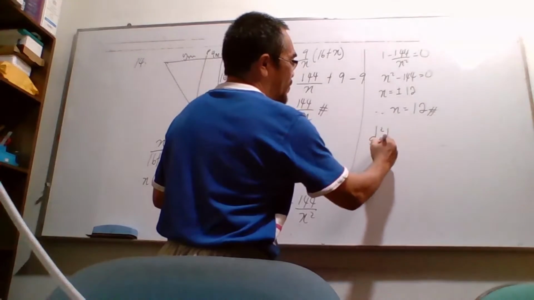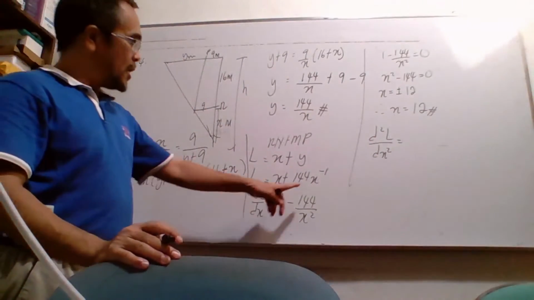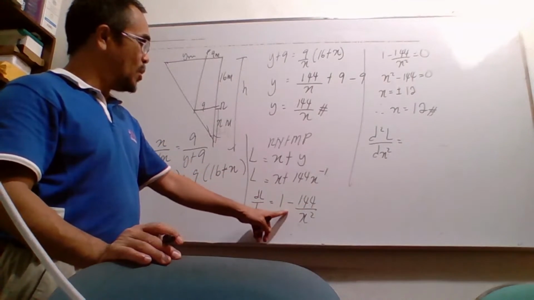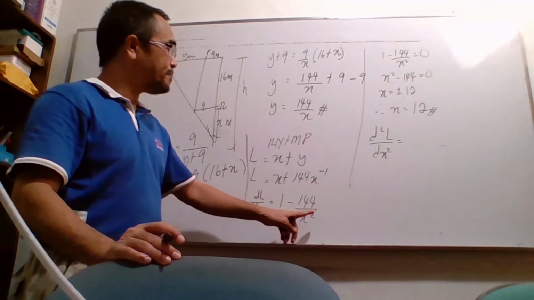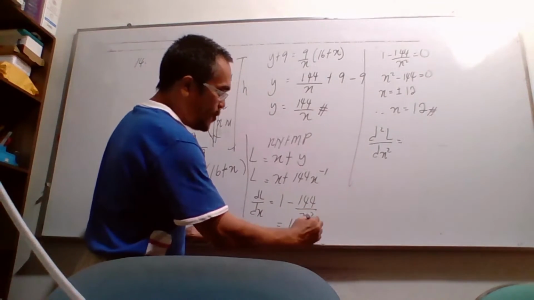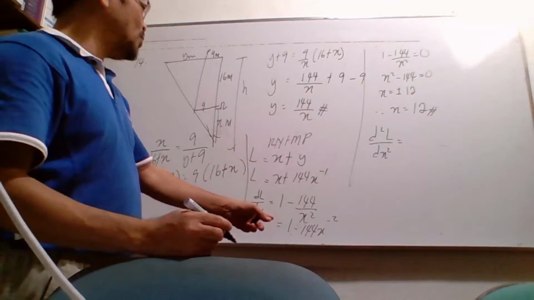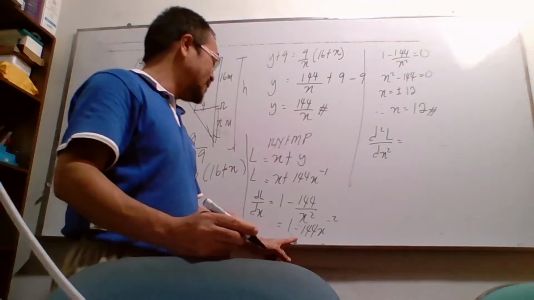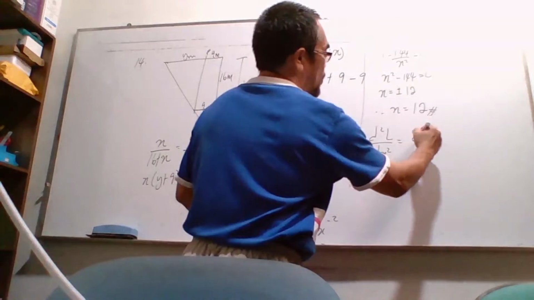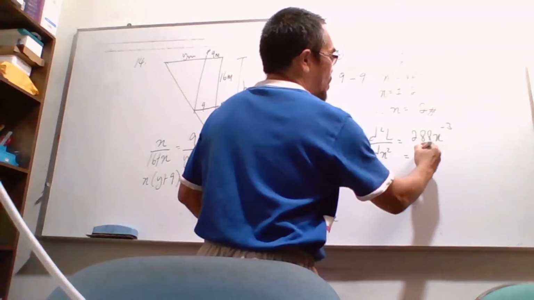So d squared L over dx squared is 1 minus 144 x to the power of negative 2. So I bring the negative 2 here, I get 288 x to the power of negative 3.